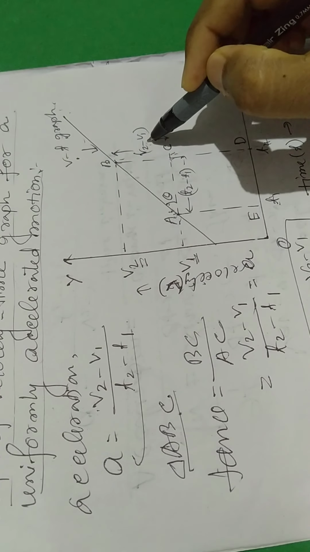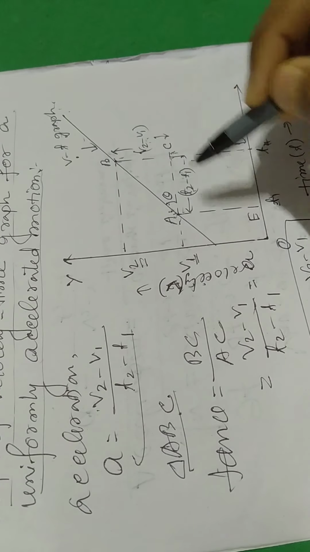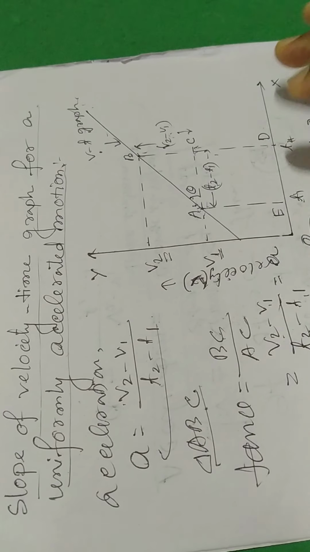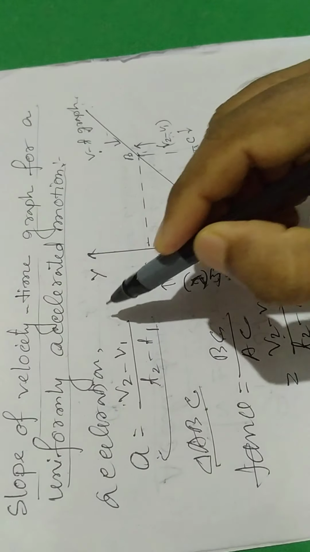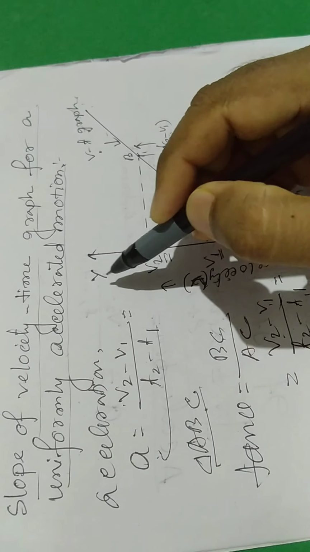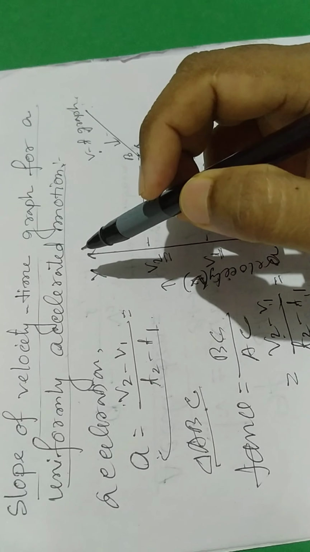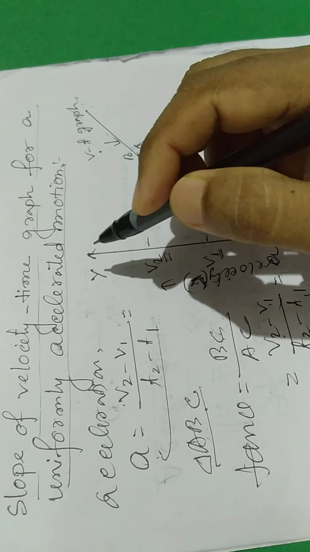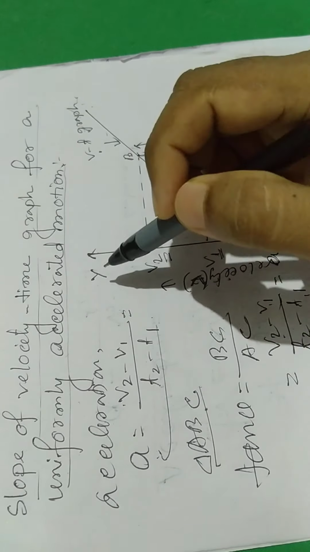BC is v2 minus v1 and AC is t2 minus t1. Since we know acceleration is the change in velocity in unit time interval, or the rate of change of velocity, that is (v2 minus v1) divided by (t2 minus t1).